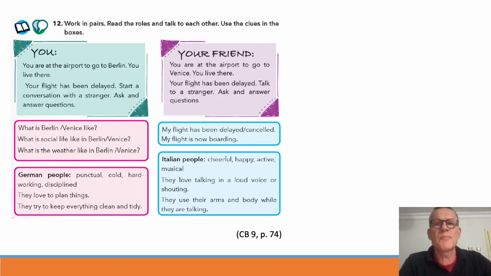And here's the example. This is a role play, and the students have to play strangers at an airport, and then they have an exchange based on cue cards. And they are asked to give information about German people. And German people, of course, are punctual, cold, hardworking, disciplined, while Italian people love talking in a loud voice or shouting.